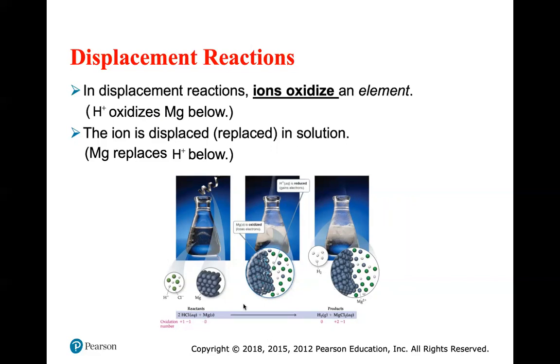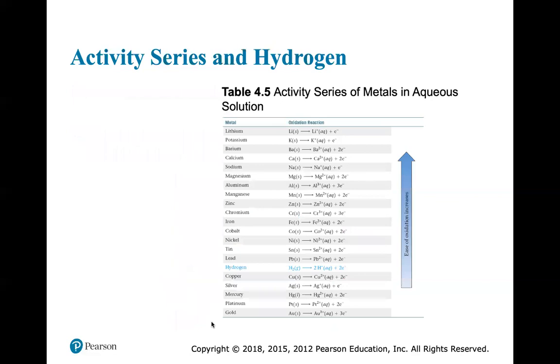For this metal, you look at its position on the activity series with respect to hydrogen. If the element is above, then it's going to replace. In this case, hydrogen is below magnesium, so it's going to replace hydrogen.